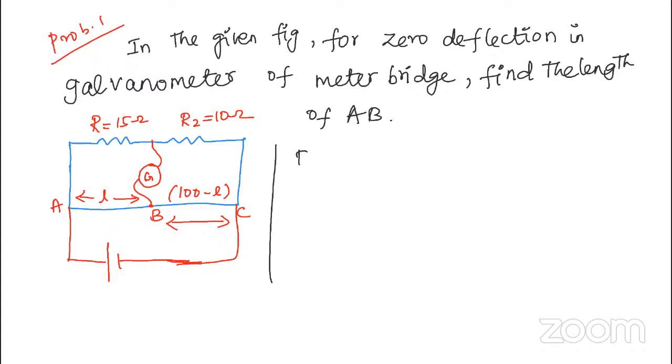For calculating the balancing length, it is R1 by R2 is equal to L divided by 100 minus L. Right? So here they are given the R1 and R2 value. R1 value it is 15 divided by R2's value, it is 10.